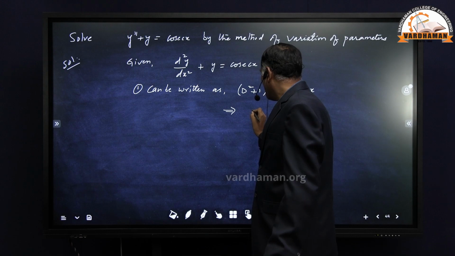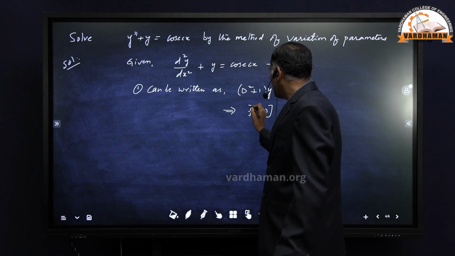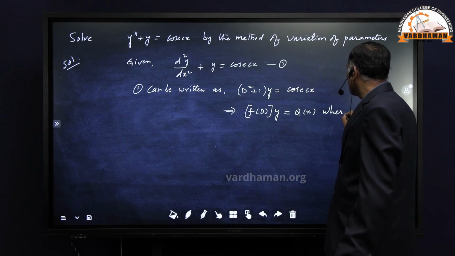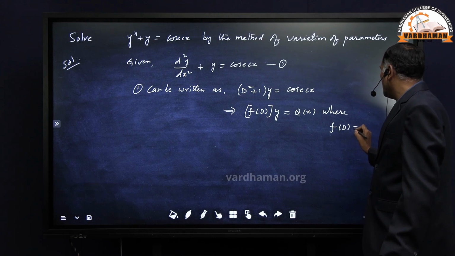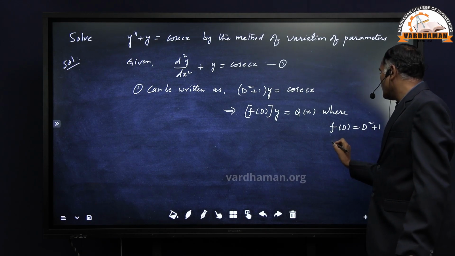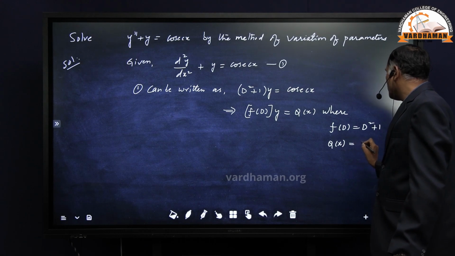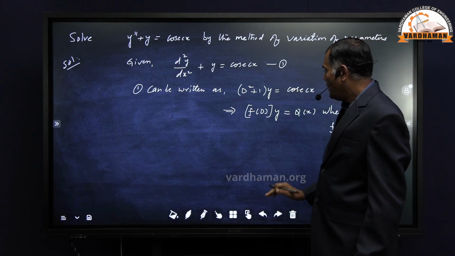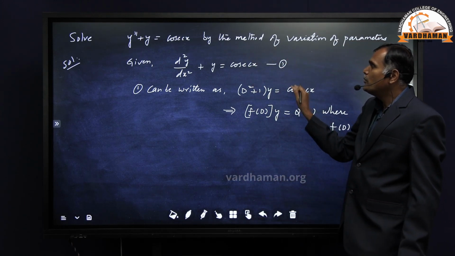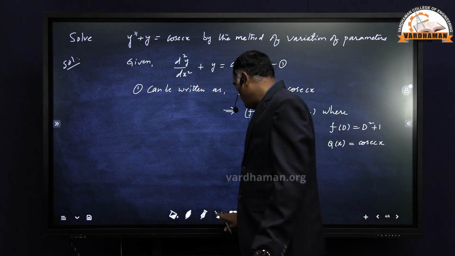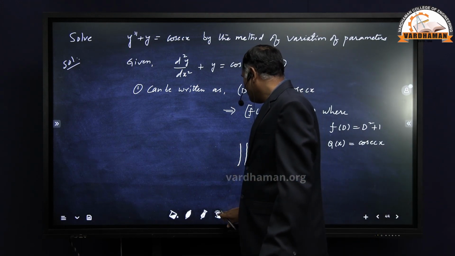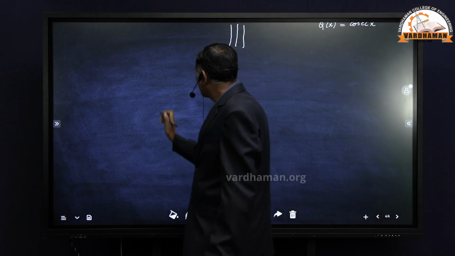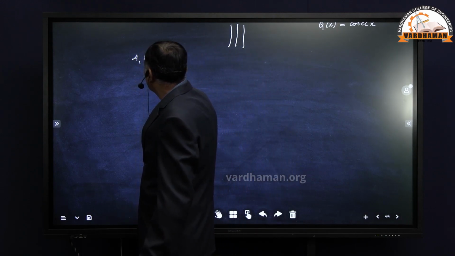Now here we take this as f of D. It is a polynomial in D where f of D is D square plus 1 and q is cosecant x. D is nothing but the differential operator. Now next step is we have to find a complementary function of this problem. To find the complementary function, we write the auxiliary equation like this.